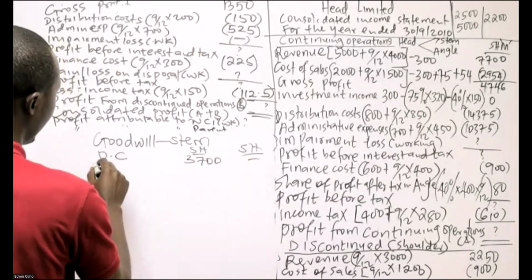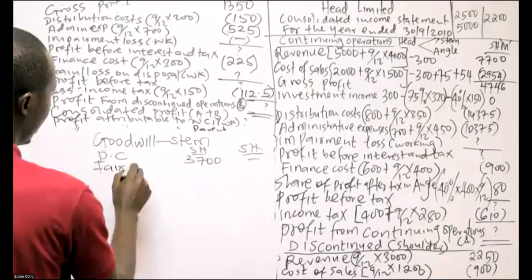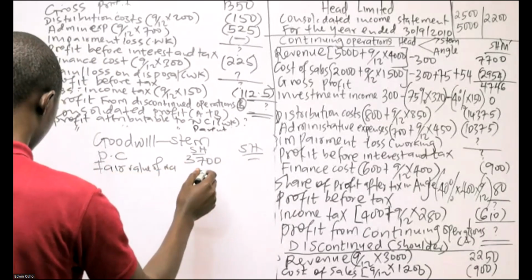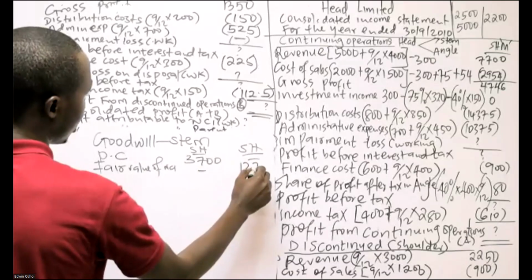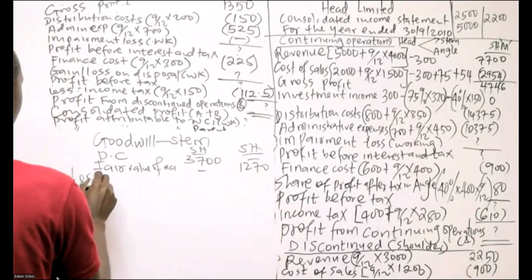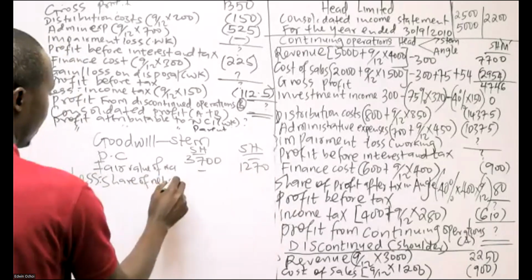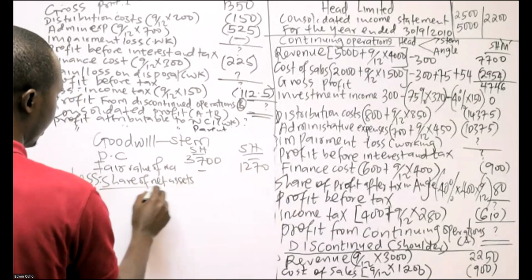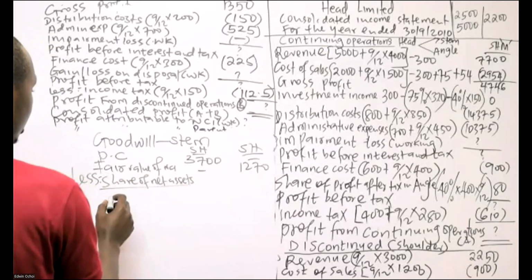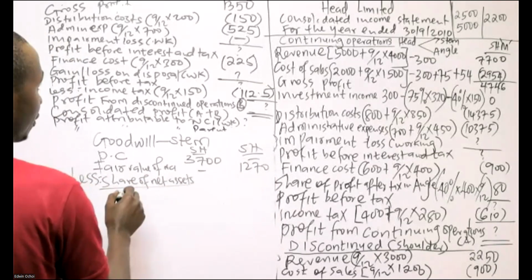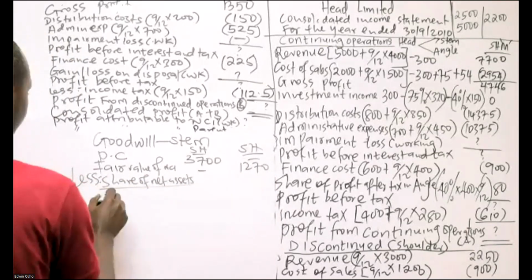Fair value of NCI is in the last column there, 1270, less net assets, so the share of net assets. So net assets, we have 5,000. We did our working on that.